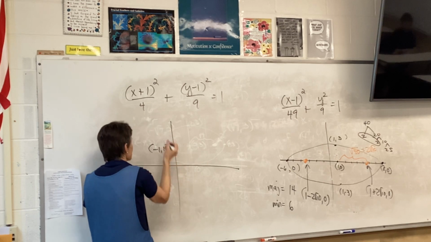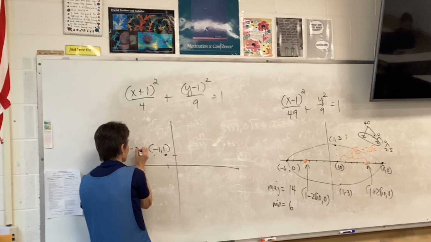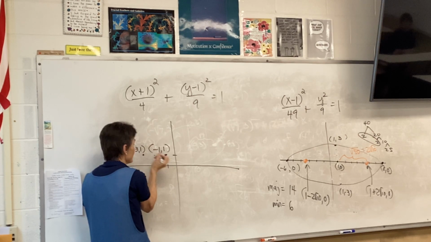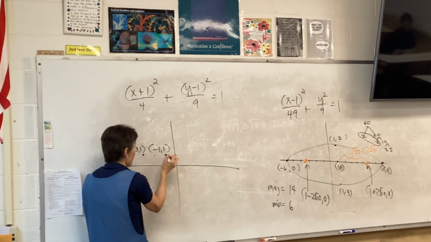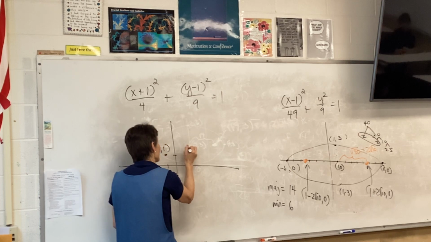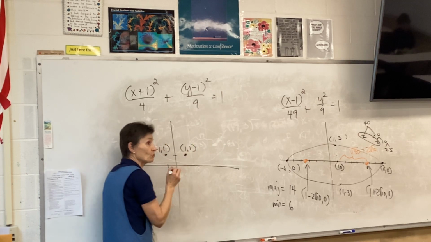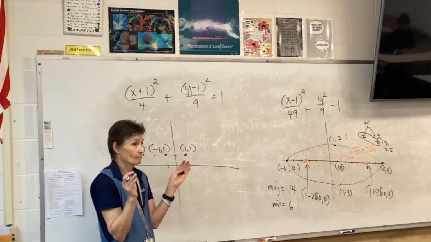So you said I'm gonna go sideways 2, so we counted over 2 here and said that is negative 3, 1. You started at his center and went 1, 2. And then this way, he went 1, 2, and where was that one? 1, 1. I think he's right. I think those are the sideways vertices. Right?